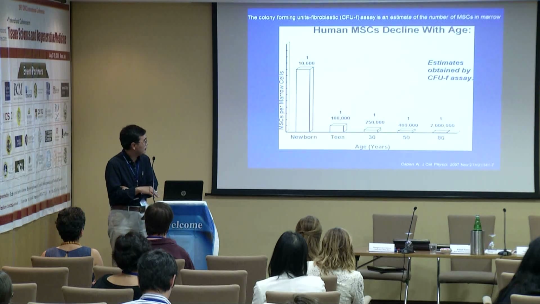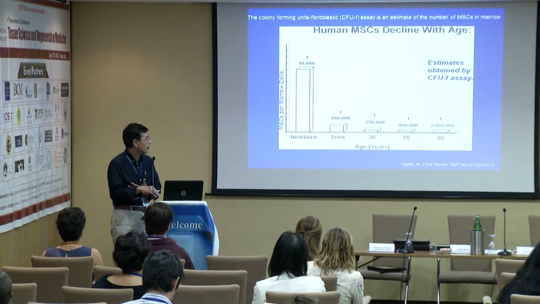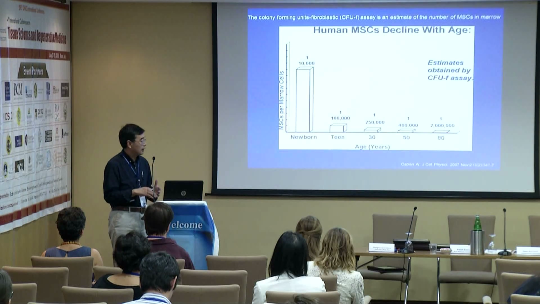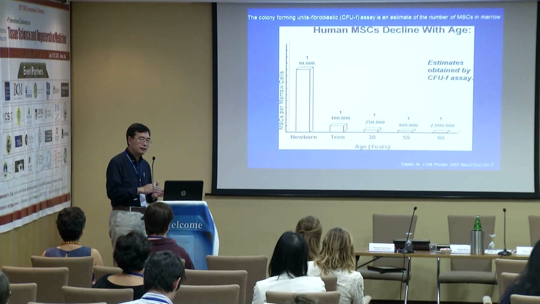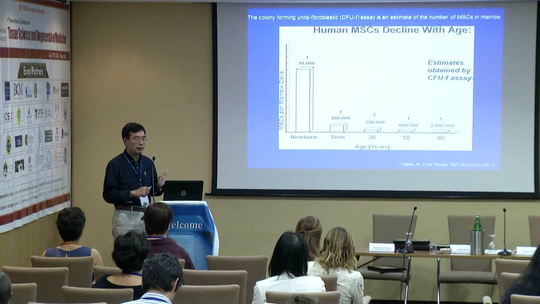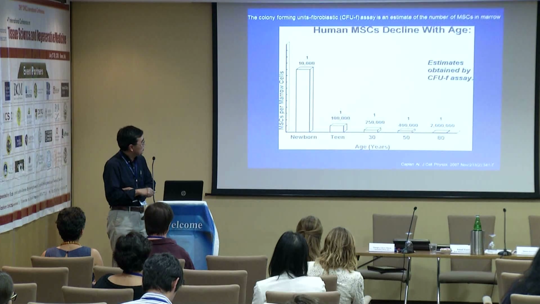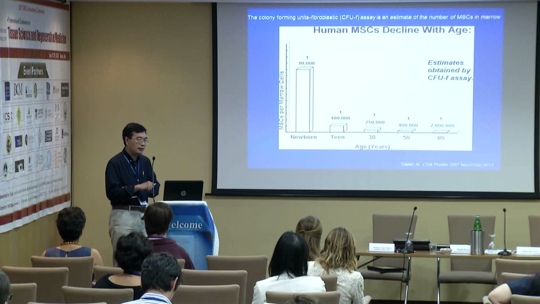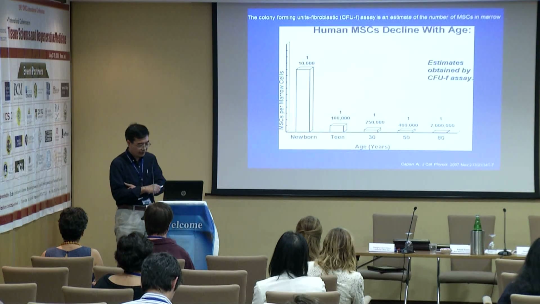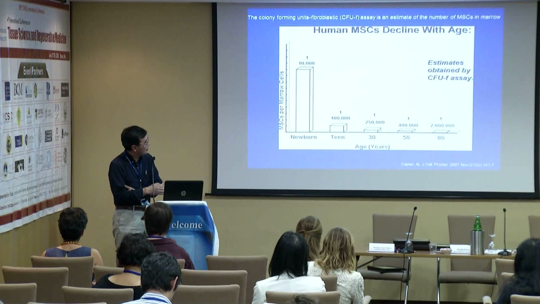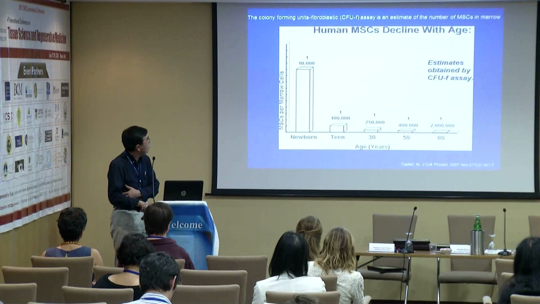For example, at 18, among 2 million bone marrow cells, you have 1 cell. You can imagine when the tissue needs this type of cell to repair, for example bone, in the newborn baby or the teenager, because you have enough stem cells, it's easy to repair. If we are aged, we don't have enough cells to do the job.